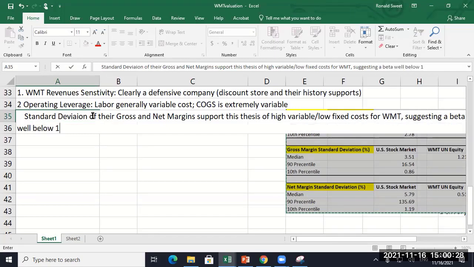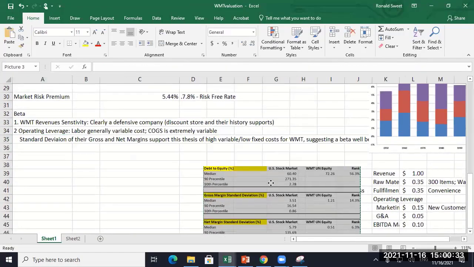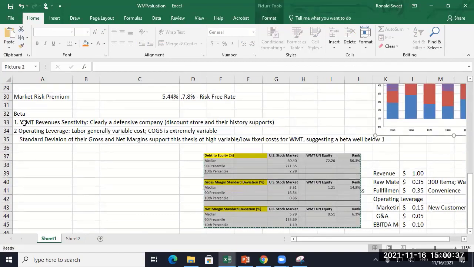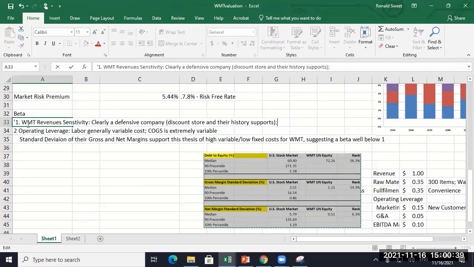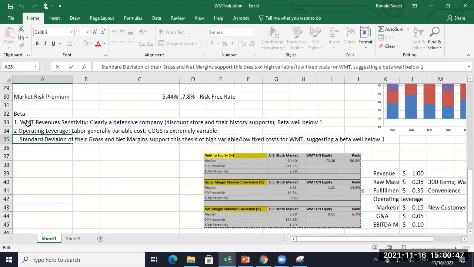Well below 1, right? Because that first one already said well below 1. So this first one is beta well below 1. The second one is beta well below 1, and the standard deviation of their gross and net margin supports that idea.